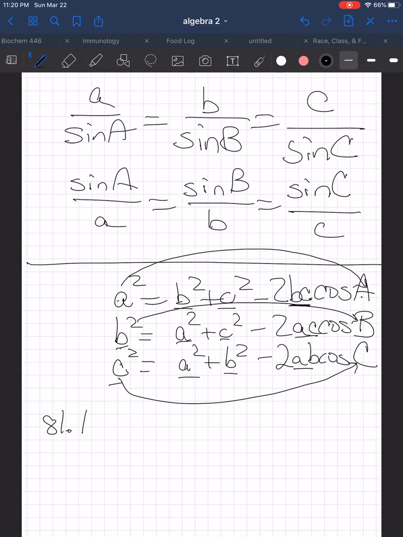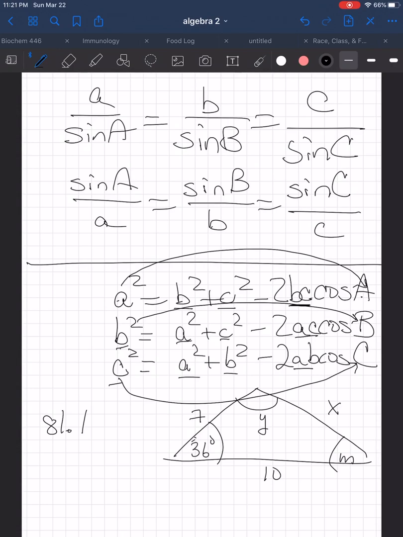All right, so 81.1 is a triangle. And remember, law of sines and law of cosines, you don't have to have a right triangle for it to work. So this is 7, 10, x. This angle is M. This angle is 36 degrees.